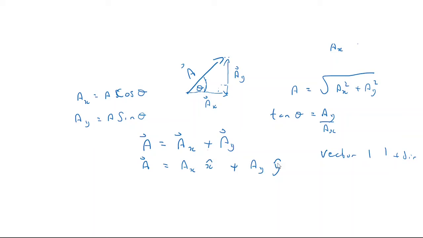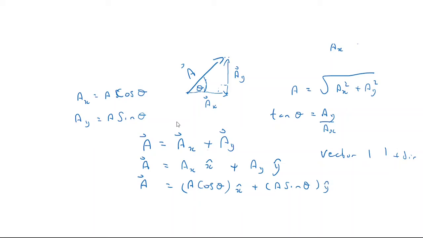Now I can break this further, and I say the vector A, if I was asked to calculate it, I said AX is going to be this, so I can substitute A cos theta here, and the direction would be x. And then I can substitute A sine theta here, and the direction is y.